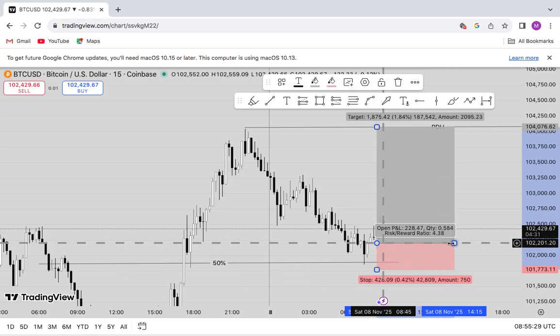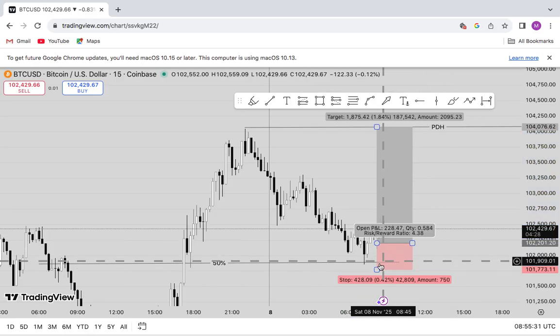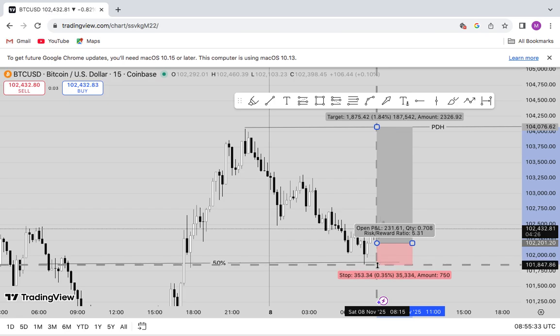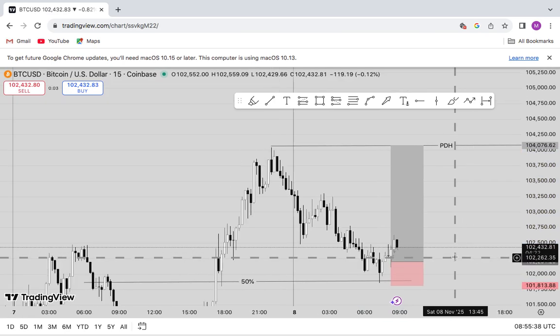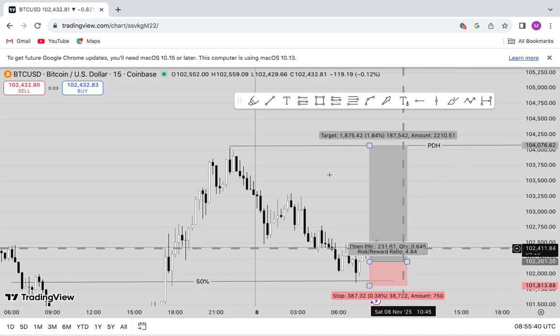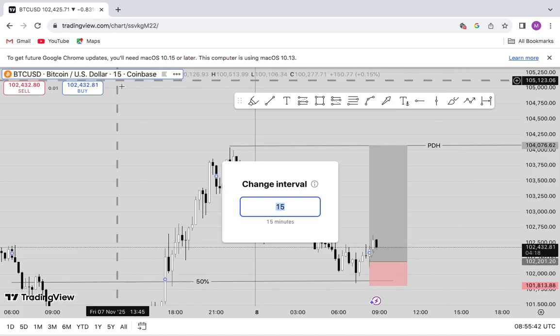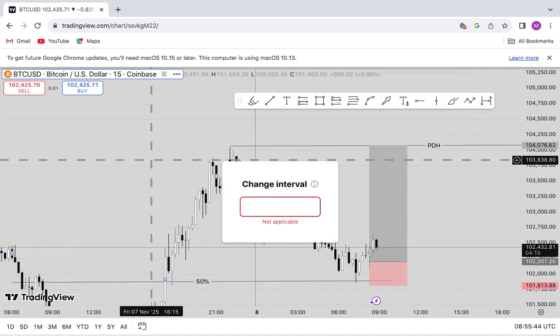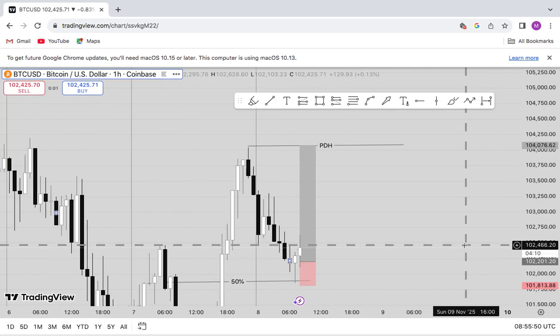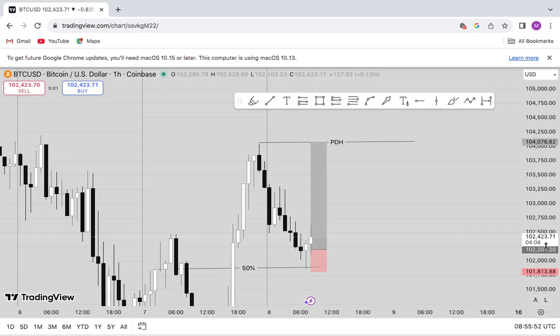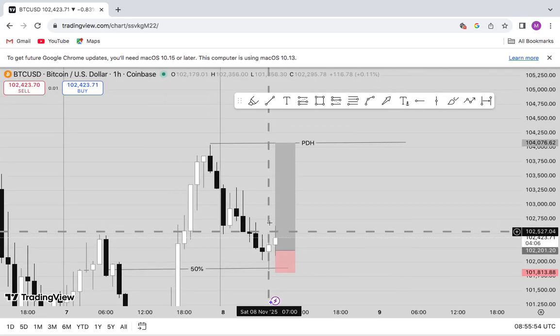But for now you don't want to take your trades, because you want to see extra confirmations. You want to see this 1 hour candlestick giving us the close above this candle.